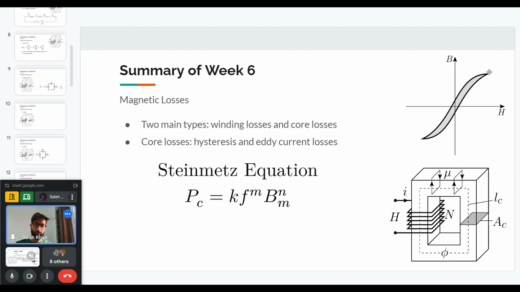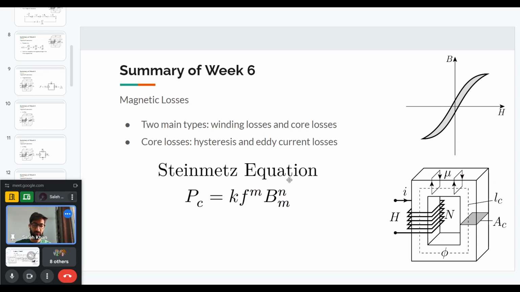From 0 to BM will be the peak. So if you go to a very high value of flux density, then your losses will also increase. Compared to if you have a very low BM value, that is the peak value, then the area will be less, and then the hysteresis losses will also be less.